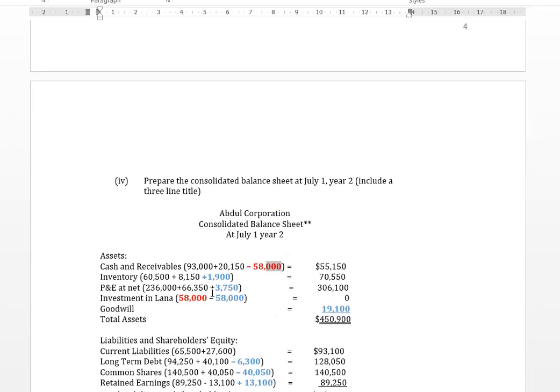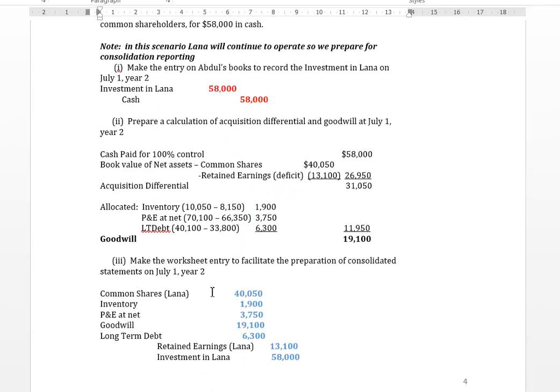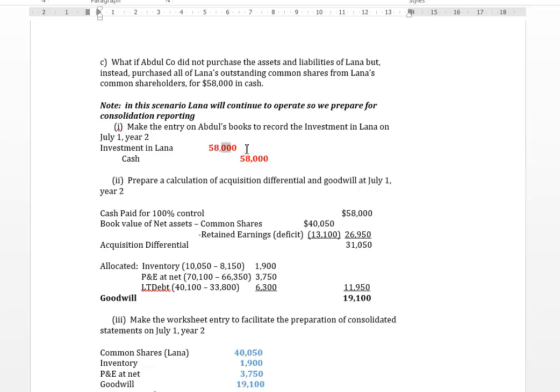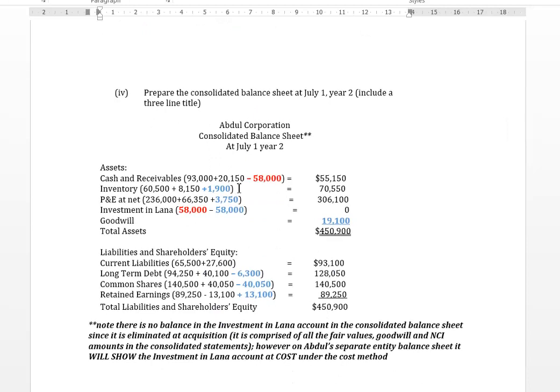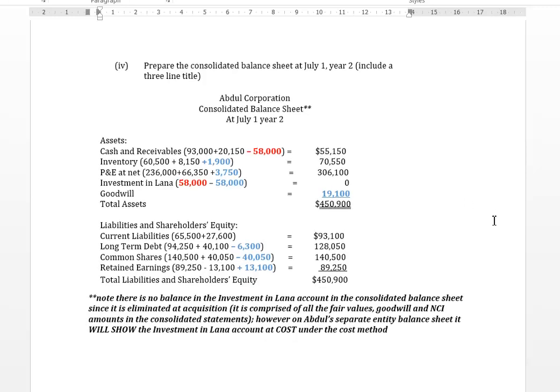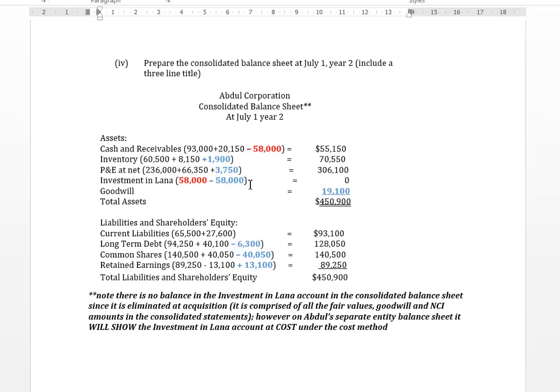That was what Abdul did. So don't forget, this entry here, so you see I got the red guys here, right? Investment in Lana debited and credited cash. Don't forget that was on July 1st, year 2. Well, again, on the consolidated statements, I have to factor that in because that was at June 30th, that balance. So I'm going to have $55,150 in cash and receivables.